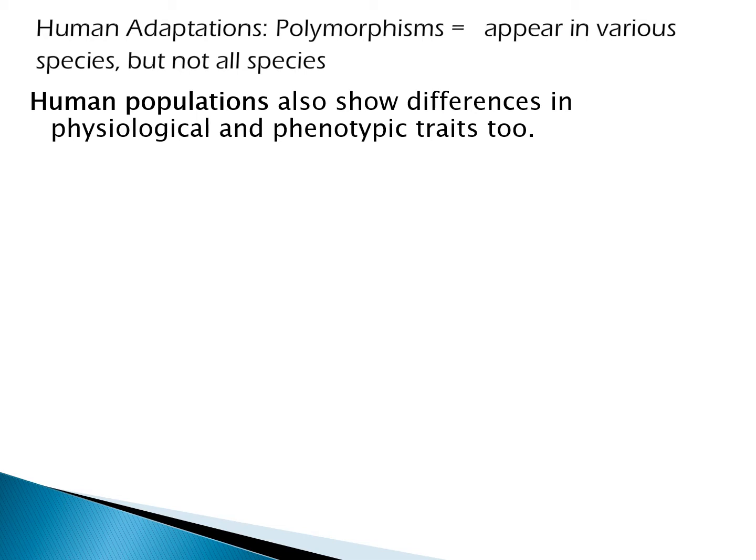Shape sometimes is part of it, but it could be coloration, it could be digestion, it could be behavioral issues, body size, so forth, slightly differently so that they can do very well where they are currently living. Remember, natural selection is your current natural environment.